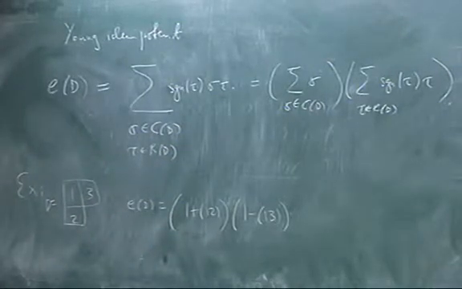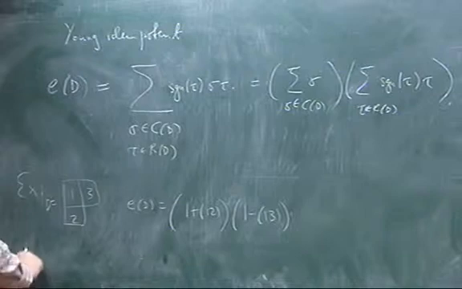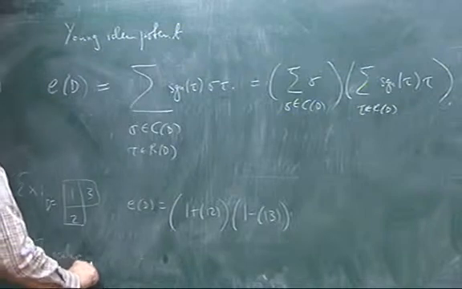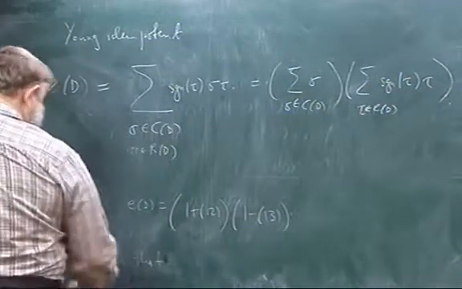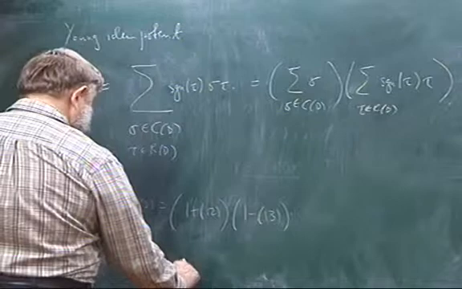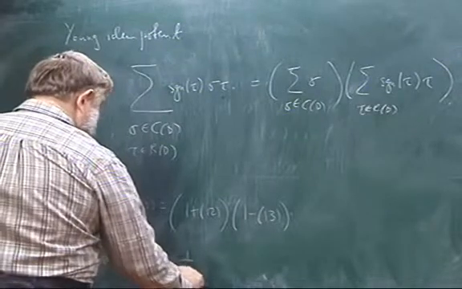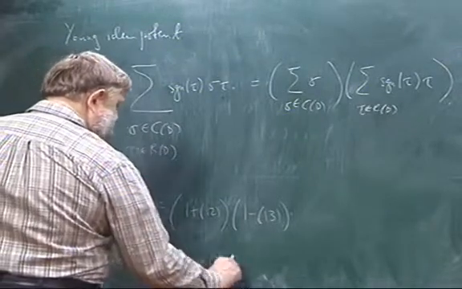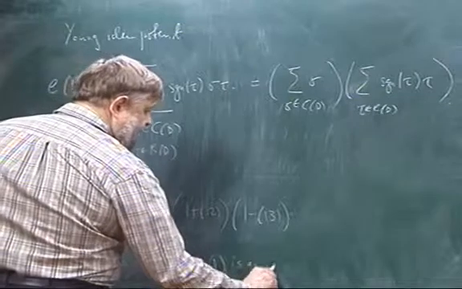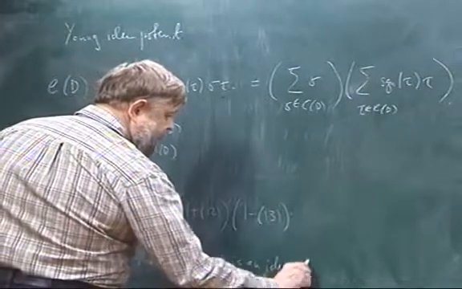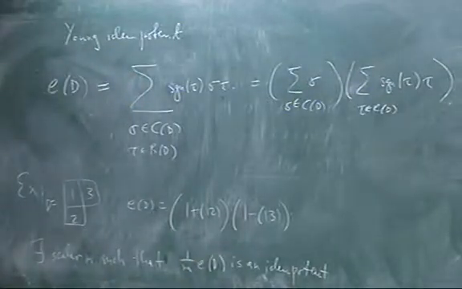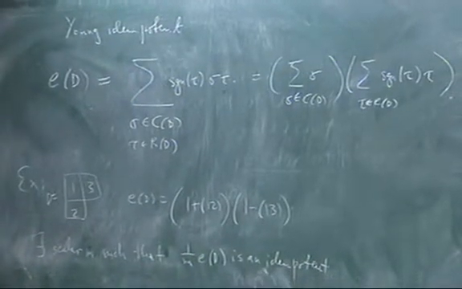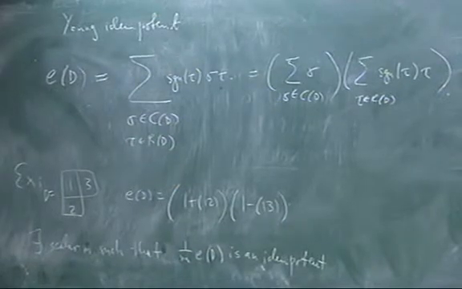And then the claim is, or Young proved it, that there exists a scalar m, actually an integer, such that m times E of D is an idempotent. So this means its square is equal to itself. Okay? So this is like a projection on a direct sum.